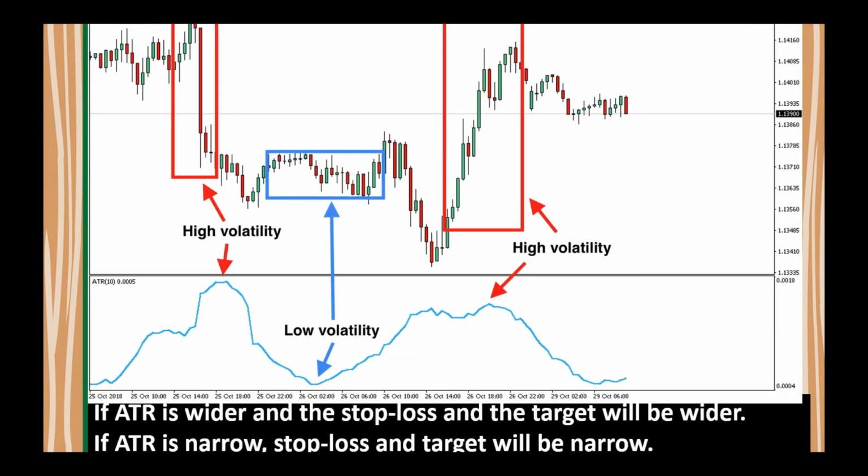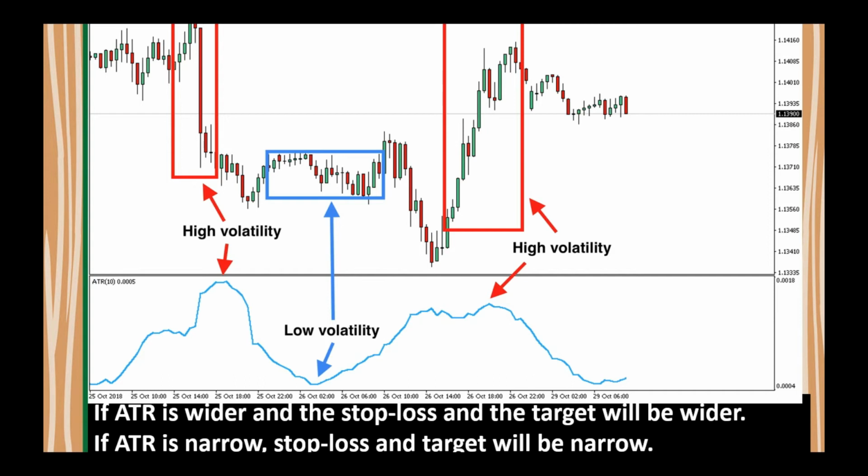Of course, this is another image very similar to the last one, just to see the market. The same thing is here. If ATR is wider, stop loss and target will be wider. If ATR is narrow, stop loss and target will be narrow. And on ATR you can see volatility.